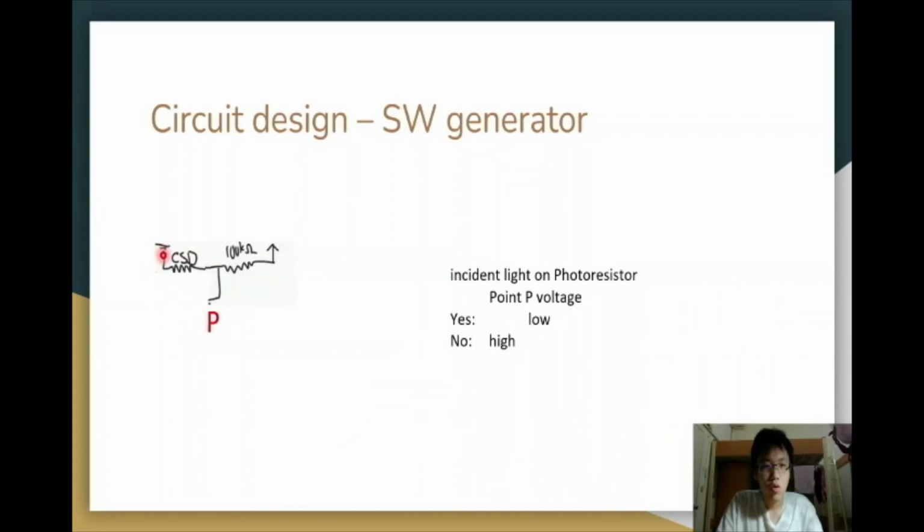We put a photoresistor under the fan. When this resistor is covered by the fan, there is no incident light on it, so it will output a low voltage signal, and otherwise it will output a high voltage signal.